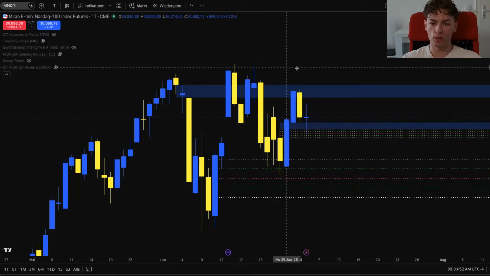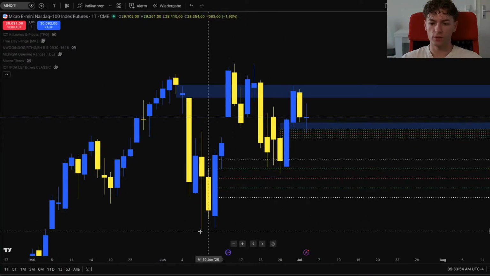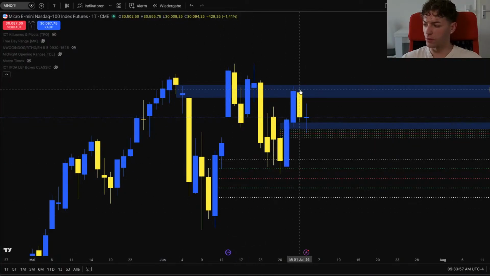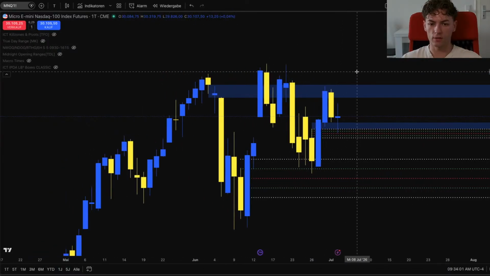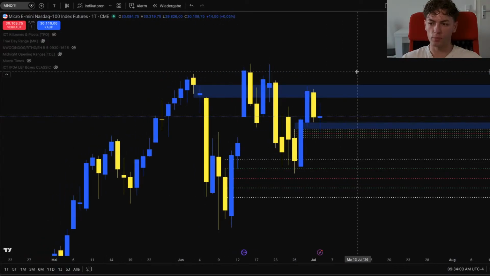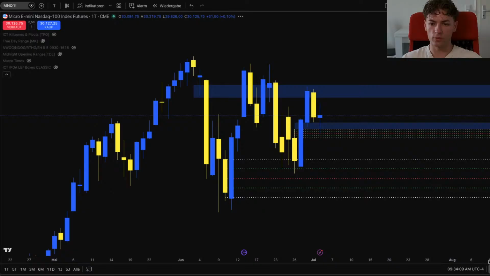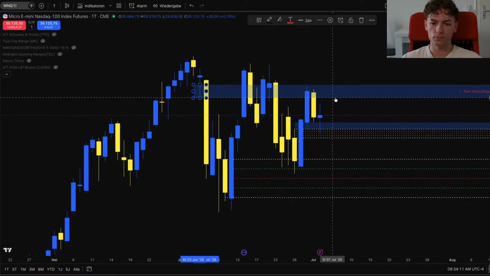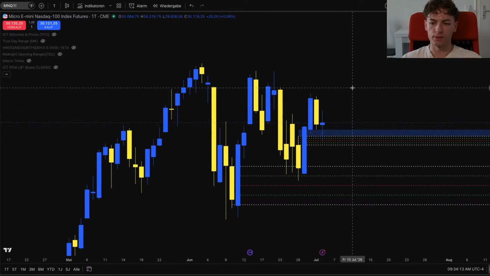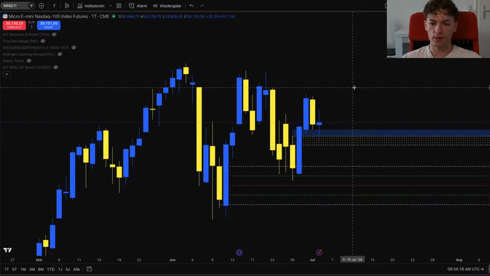We have relatively equal highs and relatively equal lows, so it's hard to have a hard bias right now. There's no high probability draw on either side. So the higher time frame daily chart is 50-50.